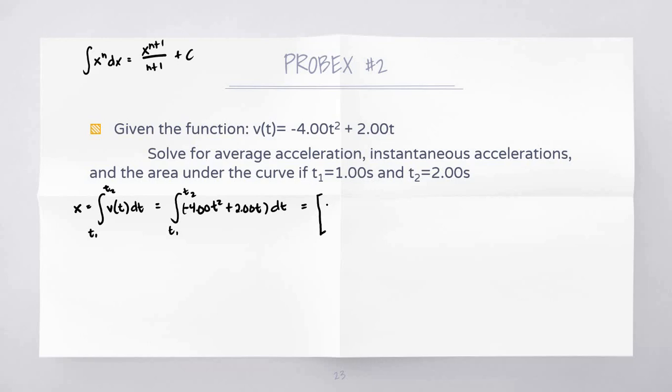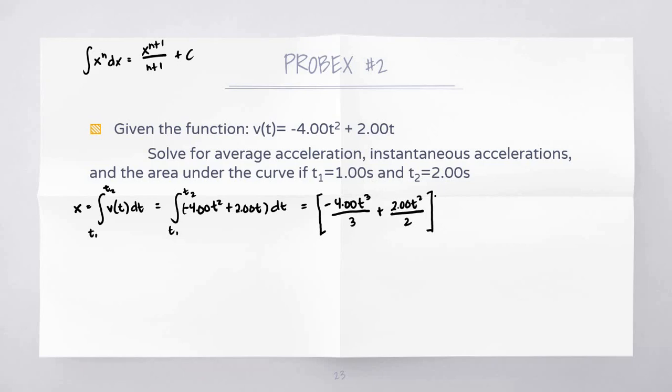This will be negative 4, n plus 1, so we add 1 to the exponent, and it becomes negative 4t cubed all over 3, plus, as for 2t, add 1 to the exponent, so 2t squared, and then copy the exponent to the denominator, and then close the bracket.